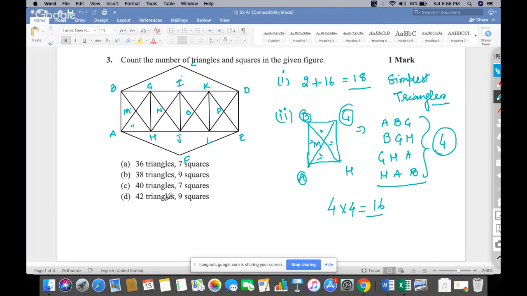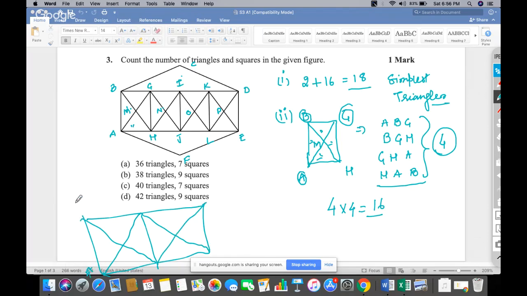Now can I get different triangles by adding 3 components, 1, 2, 3? You cannot. But by adding 4 components, you can get it. So you look at here, it's something like this.